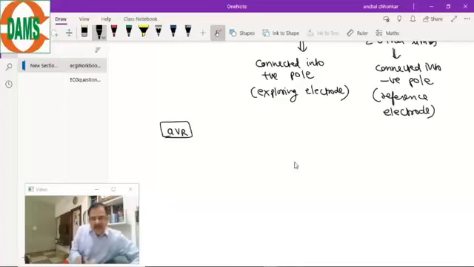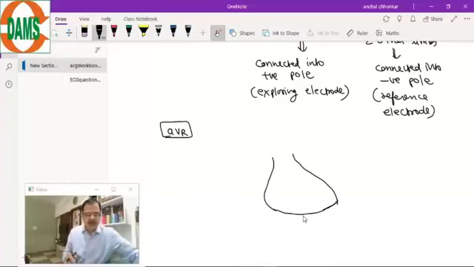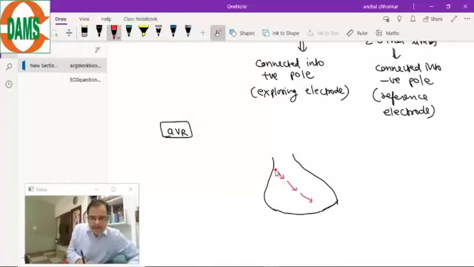Now AVR, this is the heart. This is a vertical position of the heart. And let me first draw the normal depolarization direction. Normal depolarization direction is from the SA node to the downward direction.